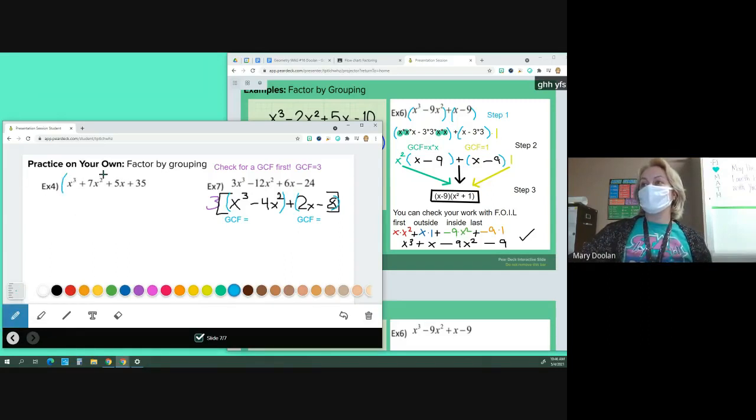With this one, you can jump right into factoring. Seven.